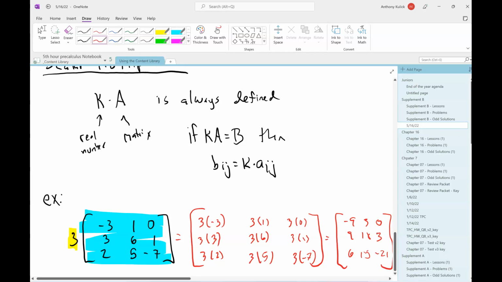And again, that's probably something you could do in your head, but since they're notes, I went ahead and wrote in that intermediate step just so that there's no confusion about what happened.